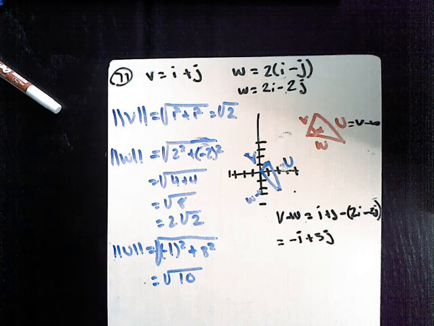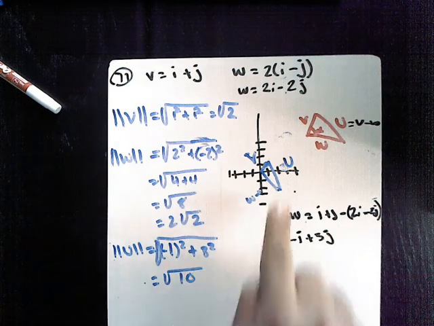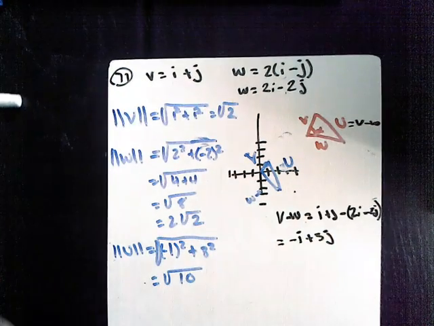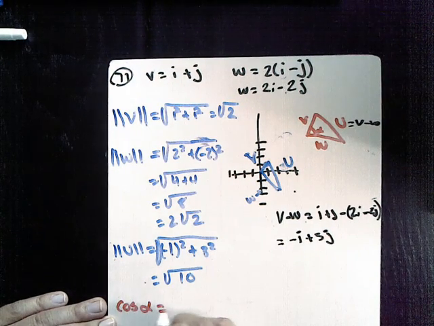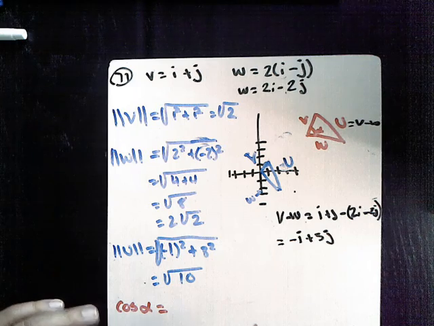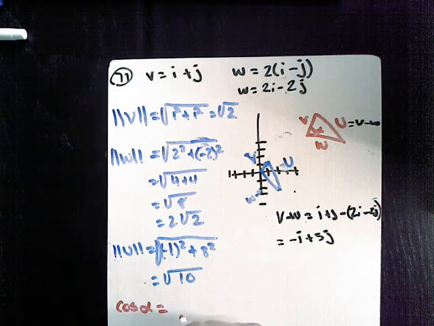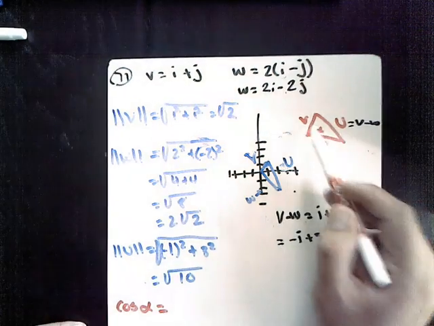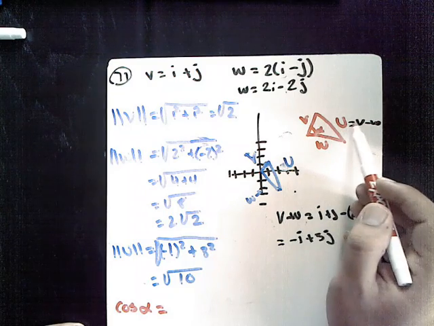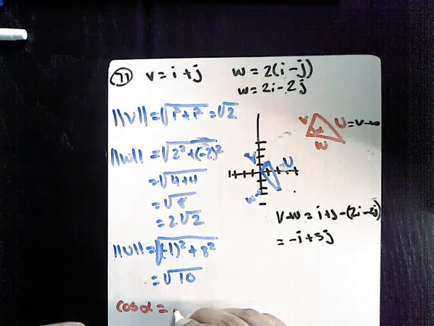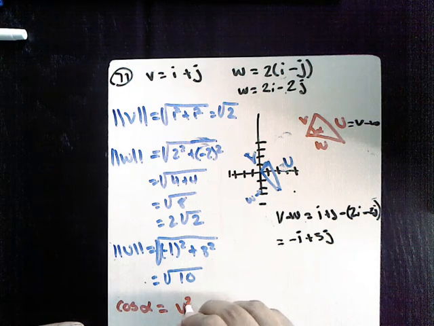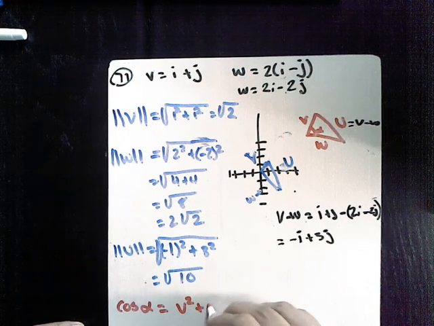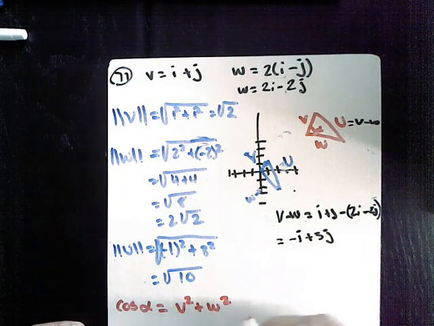So once I have all my lengths, I just want to use the law of cosines. So if I wanted to find alpha, cosine of alpha, going back to our formula for this, we're going to take our opposite side and subtract it, so this should be v squared plus w squared.